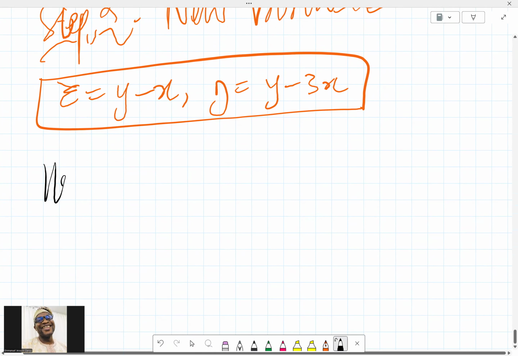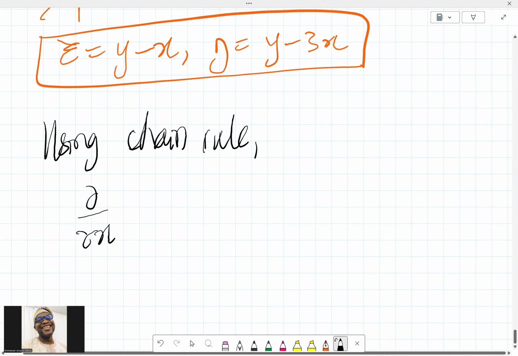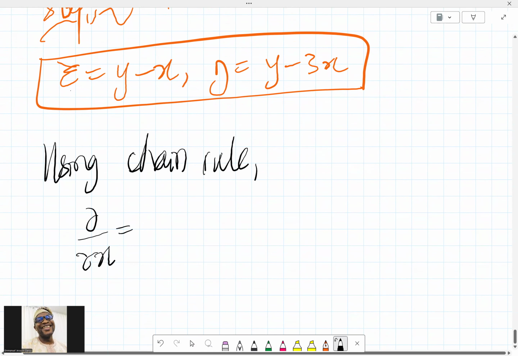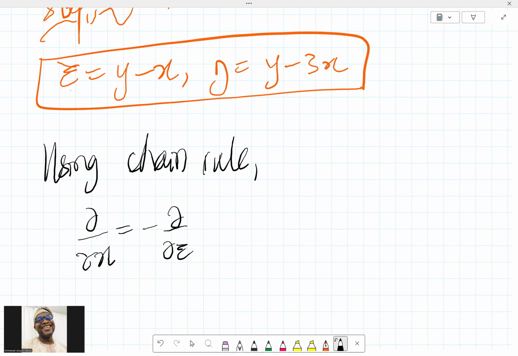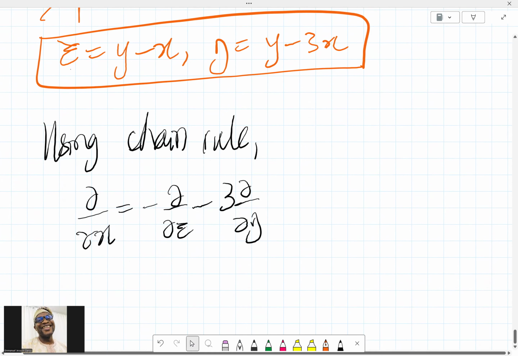Now if you use chain rule (if you don't know chain rule, I treated that under basic calculus), if we differentiate with respect to x, that will be minus partial psi, because partial psi partial x is minus 1, minus 3 partial eta when we differentiate x in eta.